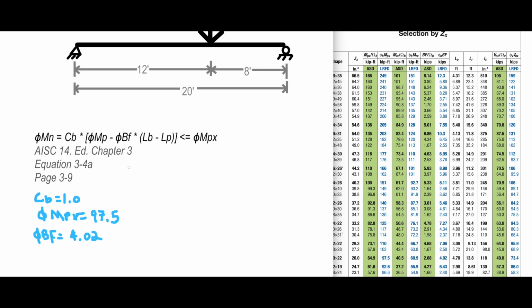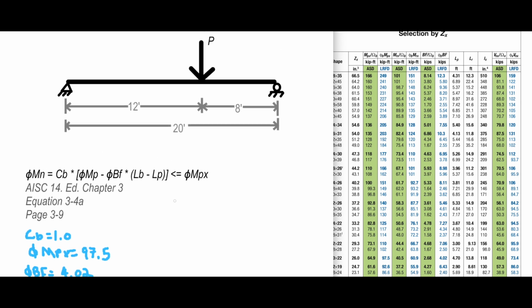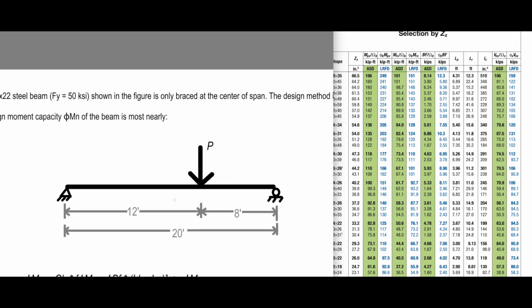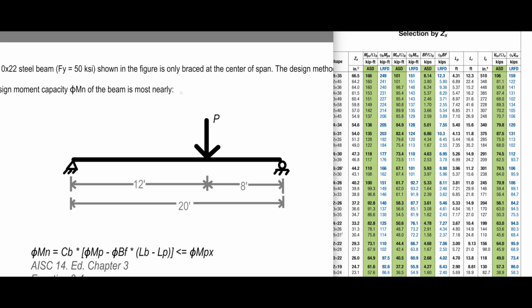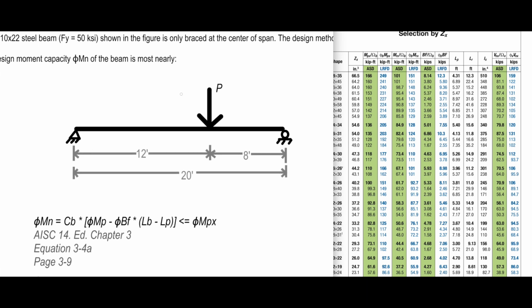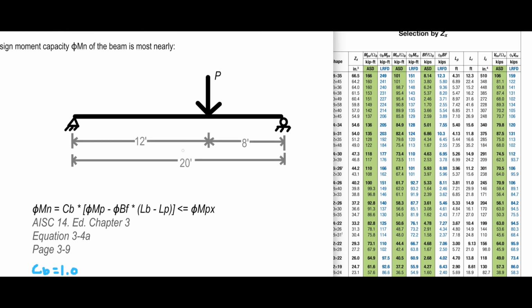Okay, now Lb, right? Lb is the actual unbraced length. And we're told here that the beam is only braced at the center of the span. So where it's braced is the unbraced length. So center of span in this problem is going to be 20 feet divided by 2, right?